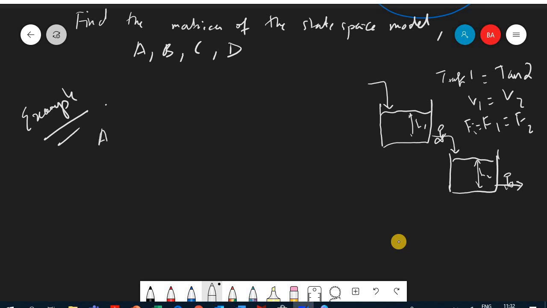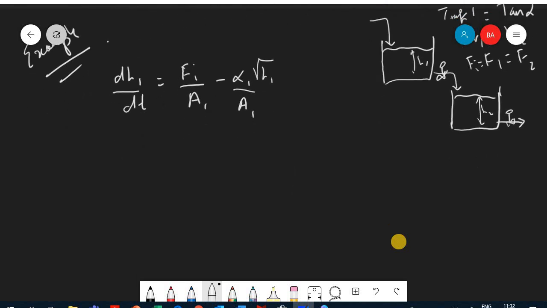So in this case, what do we have? We have A dH1 by dt equal to, I'm going to write the equation directly, Fi over A minus alpha 1 square root of H1 divided by area, right? So that is the first equation.